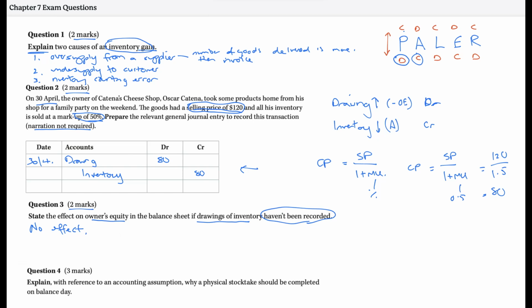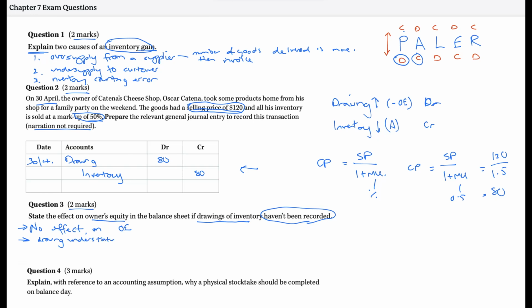So we would say if we did this, there would be no effect on owner's equity. And I'm going to read the model response in a second, but I'm just going to annotate and do some dot points. There'll be no effect on owner's equity. This is because drawings wouldn't be recorded, so drawings would be understated.